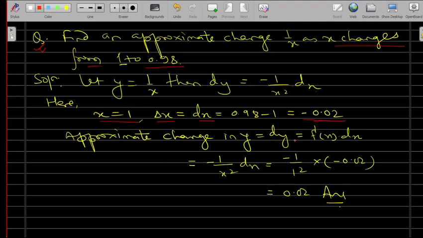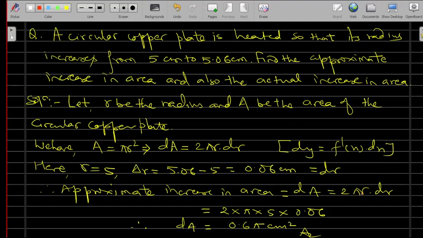The approximate change in y is dy, that is f'(x) into dx, where f'(x) is minus 1/x² into dx. x² is 1, so minus 1/1² times dx, which is minus 0.02. Minus times minus is plus, and their product is 0.02, which is the required answer.